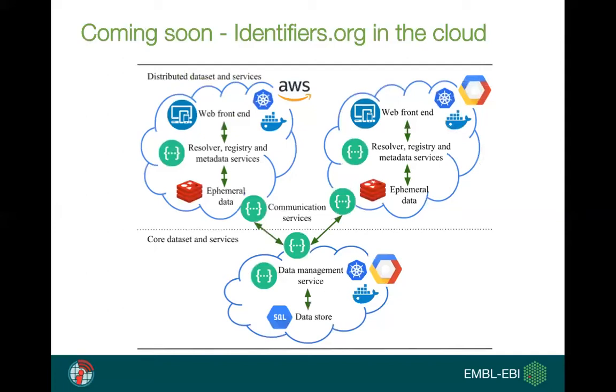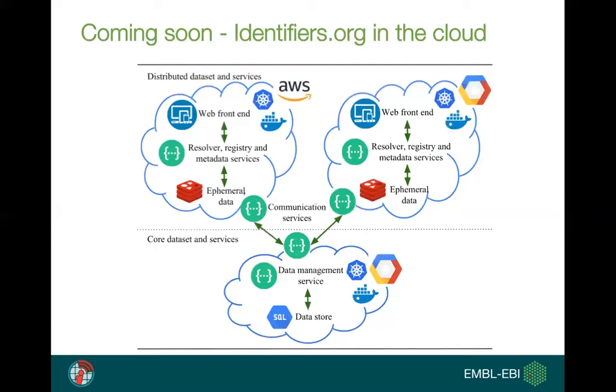And what we want to be able to do is move this into the cloud to provide better support for latency and availability. So for example, if you run a query from NCPI, it'll come all the way to the UK for resolution.